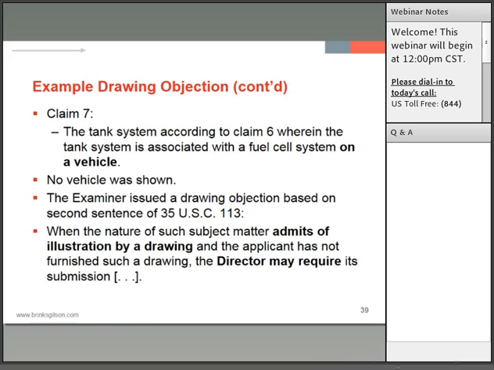So the examiner made a drawing objection where not all claim elements were shown, and because a fuel cell and a vehicle can be shown in drawings, the examiner demanded that they be shown in the drawings. So the only time typically that you get away without drawings is in chemical applications where it deals with compositions or that kind of stuff. But in all mechanical applications, you can rest assured that the examiner will demand that you supply drawings showing it.